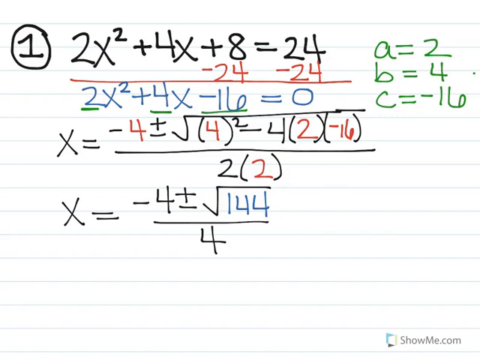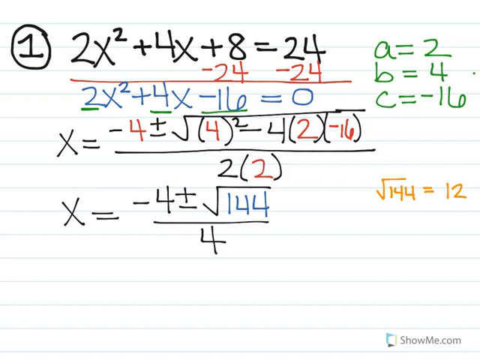Now, in the next step, where it says to simplify the radical in step 5, what you should know is that, this is off to the side just to show you, if you took the square root of 144, hopefully you remember that 144 is a perfect square, and the square root of that would be 12.